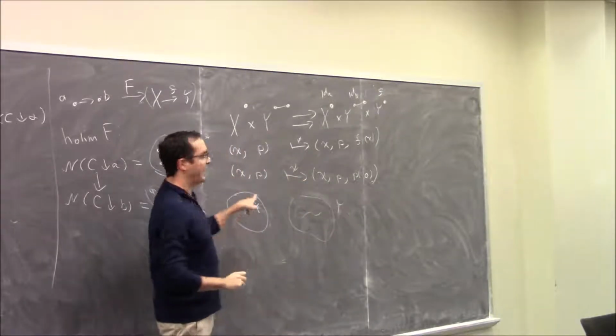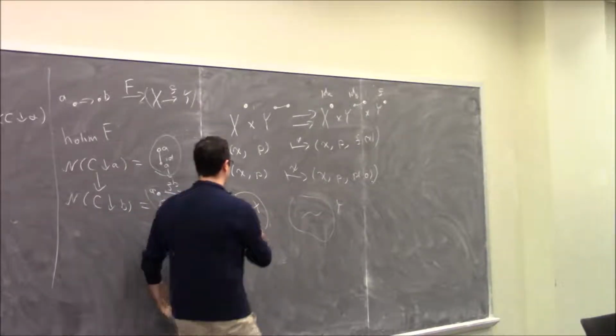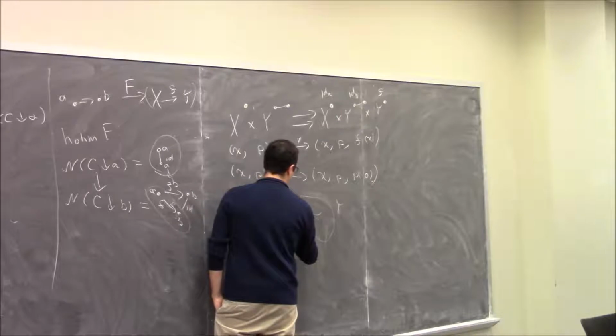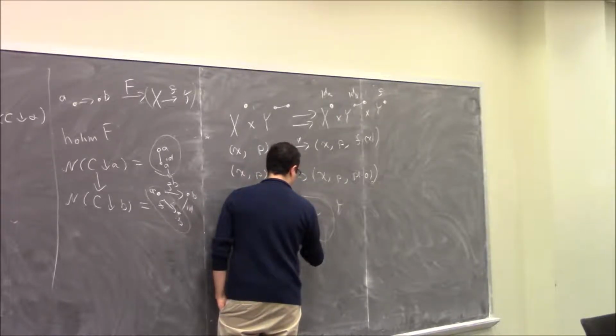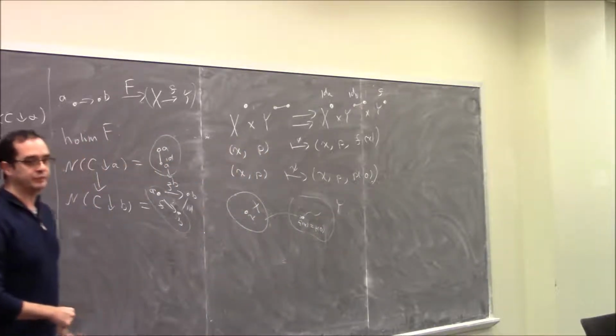Okay, so I have my spaces x and y. I have a point in x, a path in y. And I want my path to start at f of x.